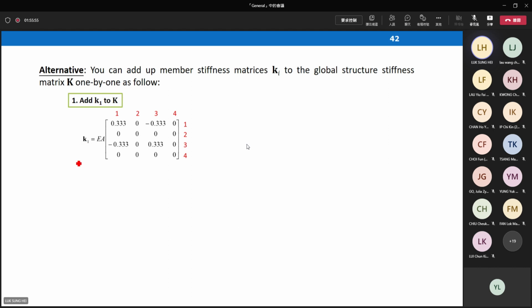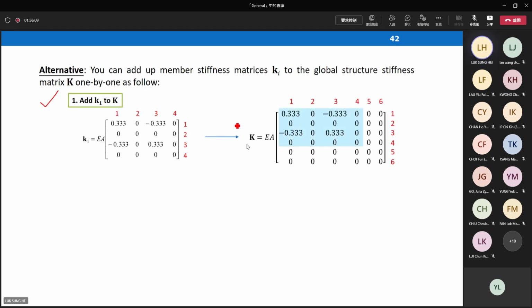You can do this step by step. Say, for example, I start from element 1. Element 1 is a very nice element matrix. The numbers are arranged in ascending order initially. So you can easily convert this to our 6 by 6 matrix with ascending code numbers, right? This part is quite simple.